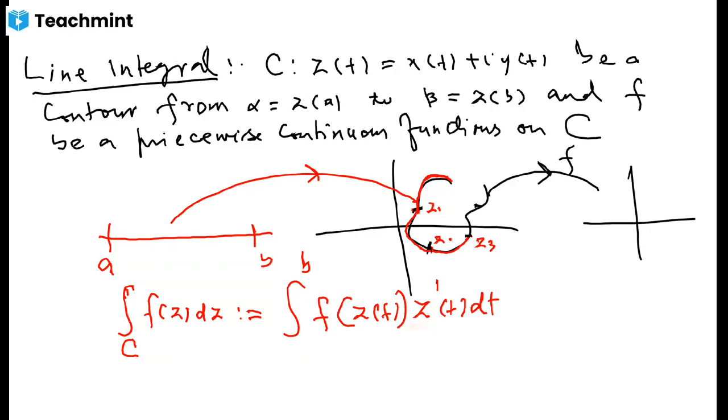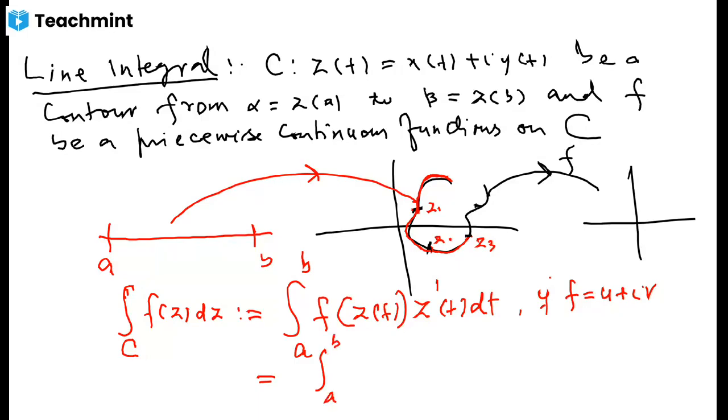You might get confused about what this thing is. If f has two parts, a real part and an imaginary part, u and v, which are real functions, you can write it as the integral from a to b.